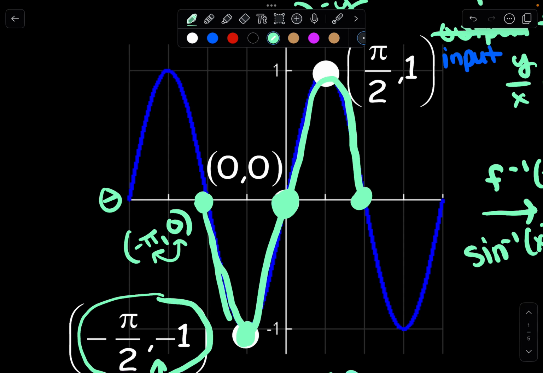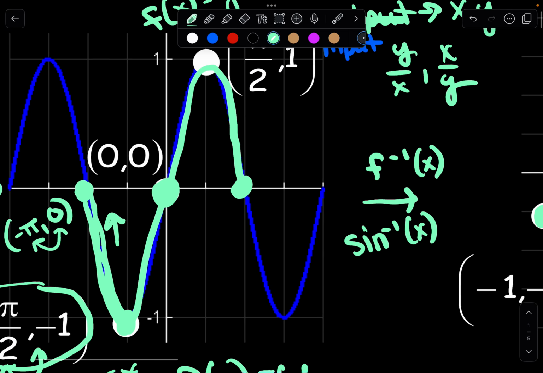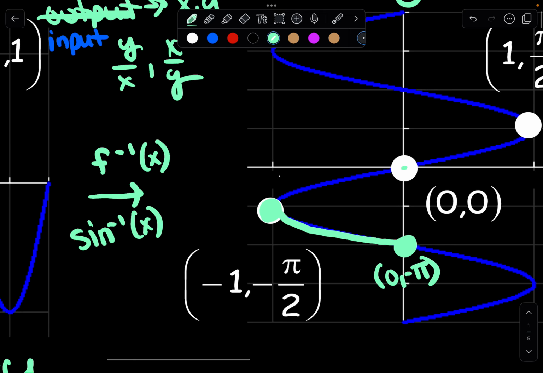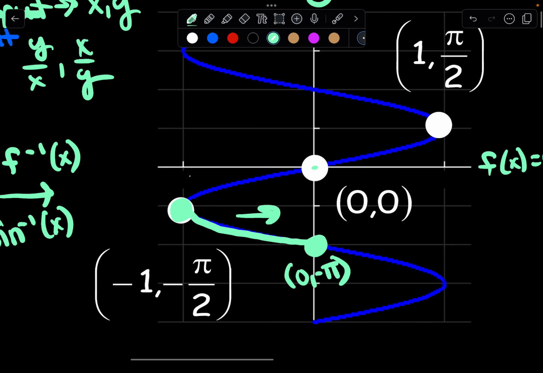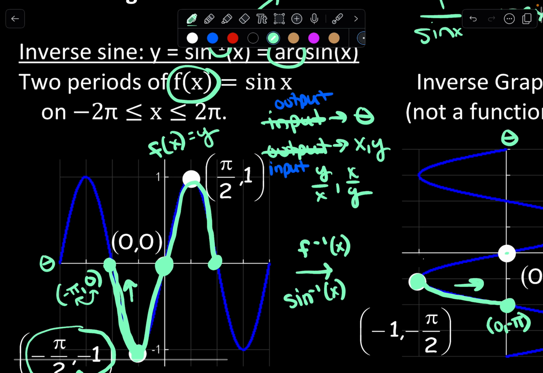It's opening up to the positive vertical axis. So I have my concave up here, which is concave towards the positive outputs. This is still going to stay concave to the positive, what are now the inputs.